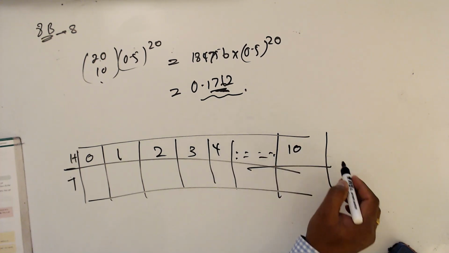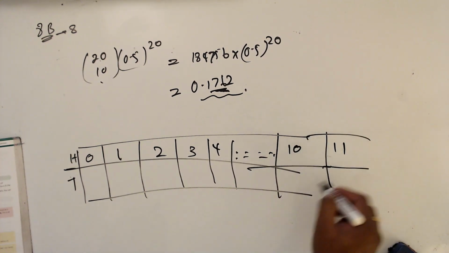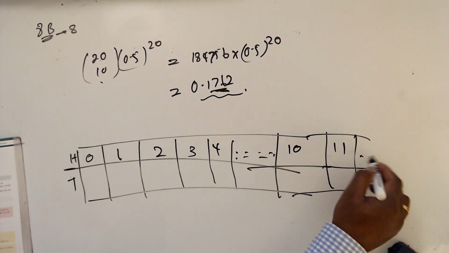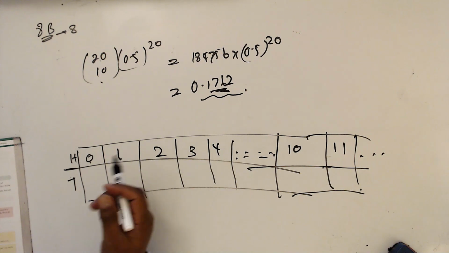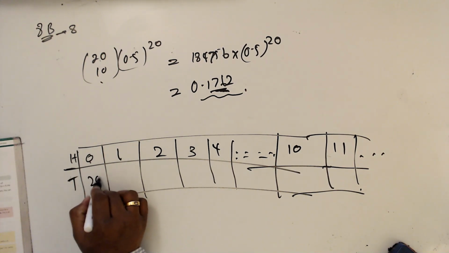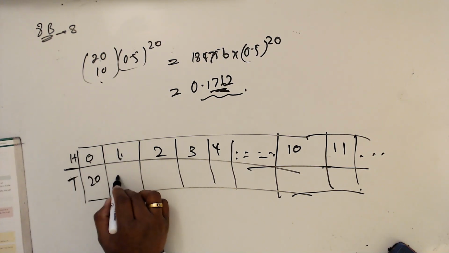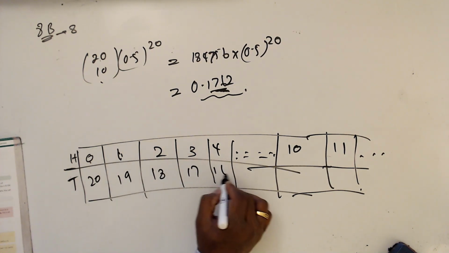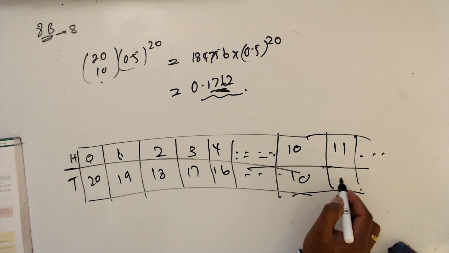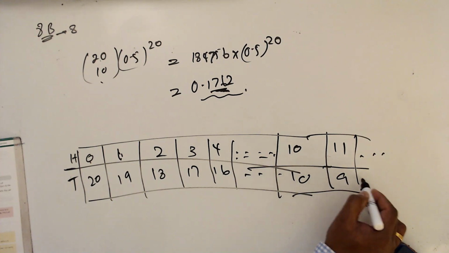Likewise, maybe 10 times, 11 times. If you don't get a head in all 20 times, the tail count is going to be 20. So this is 18, 17, 16, down to 10, and this is going to be 9, and so on.